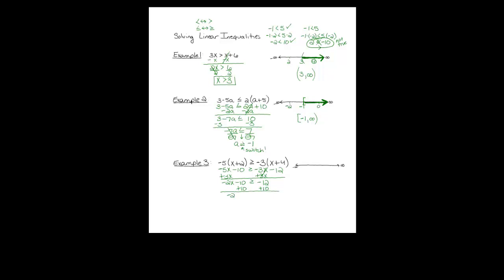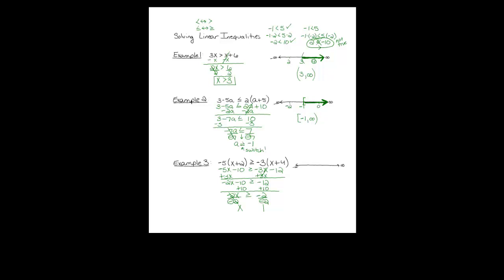On the left-hand side, now we just have negative 2x greater than or equal to negative 12 plus 10 gives us negative 2. Divide both sides by a negative 2. And on the left, the negative 2's give us 1x, or just x. On the right, negative 2 divided by negative 2 is a positive 1.